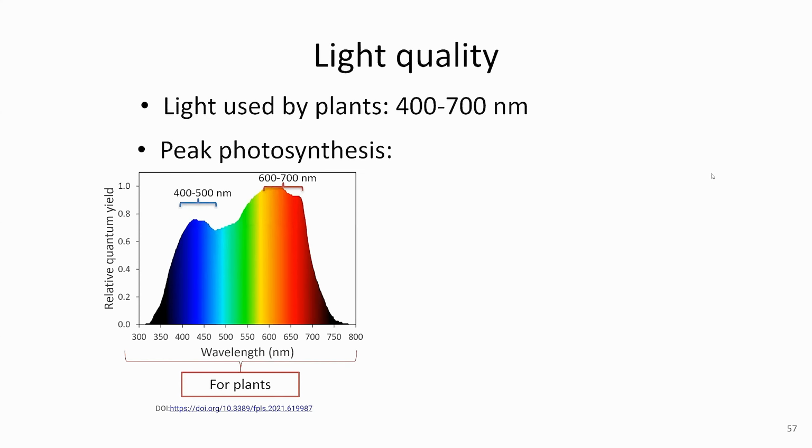For those of you who do not know about photosynthesis, that's the process that plants use to gather light and create sugars to feed themselves. We see that there's a peak in the ability of plants to yield sugars using photosynthesis, in the blue color and in the red color.